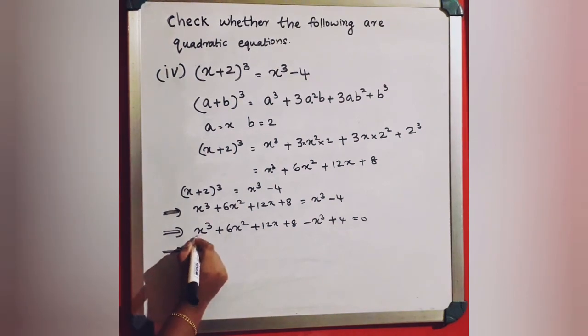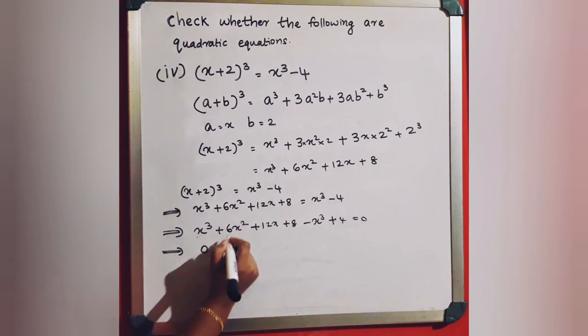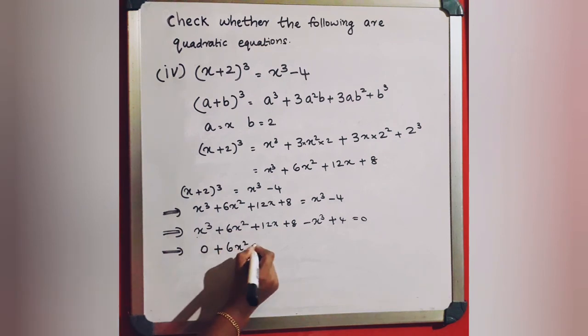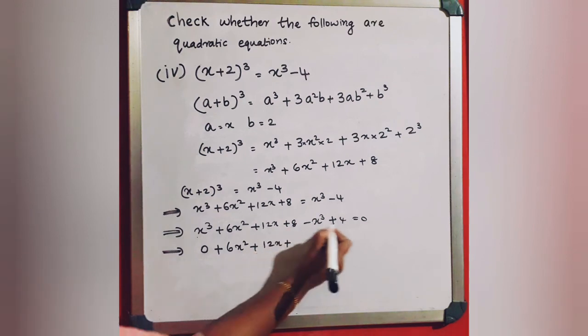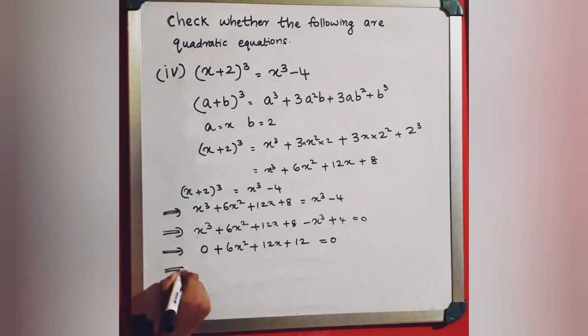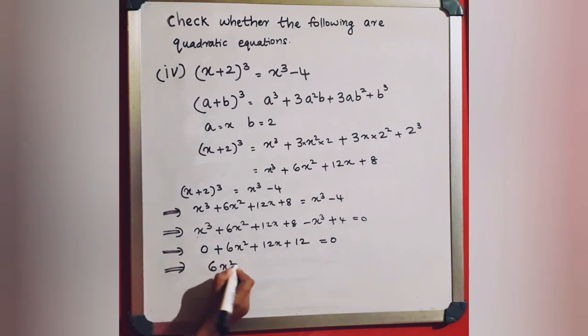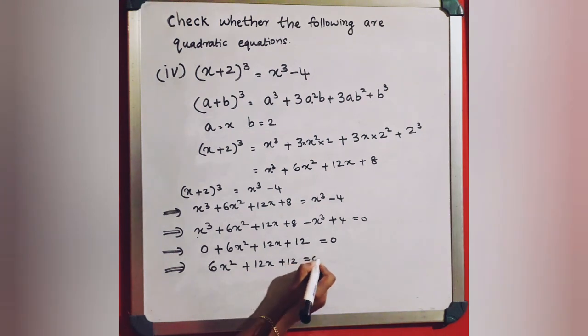Then x cube minus x cube is 0, plus 6x square plus 12x plus 8 plus 4 is 12, is equal to 0. So the equation is 6x square plus 12x plus 12 is equal to 0.